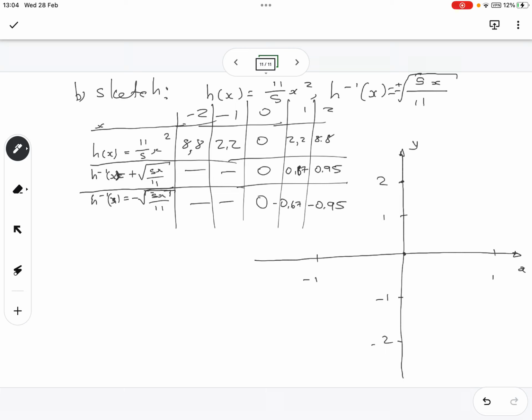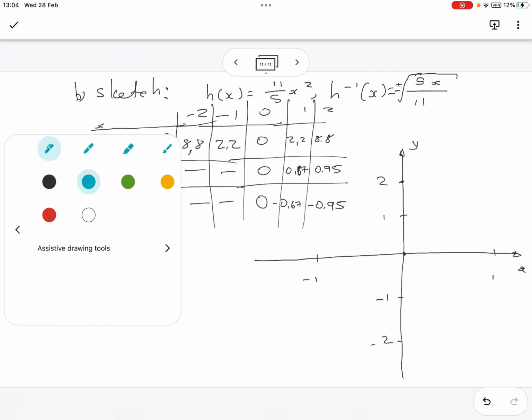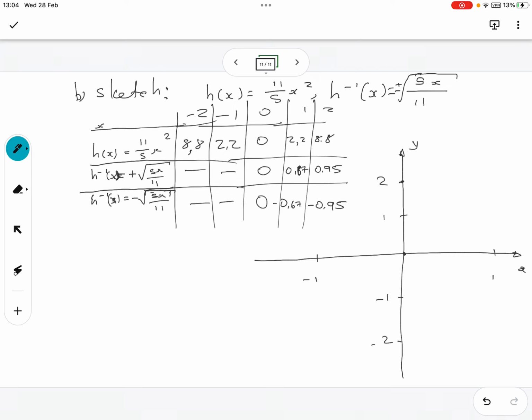But for the other ones, we don't need to go above 1 for x values. Are you cutting negative 2, or starting from 0?